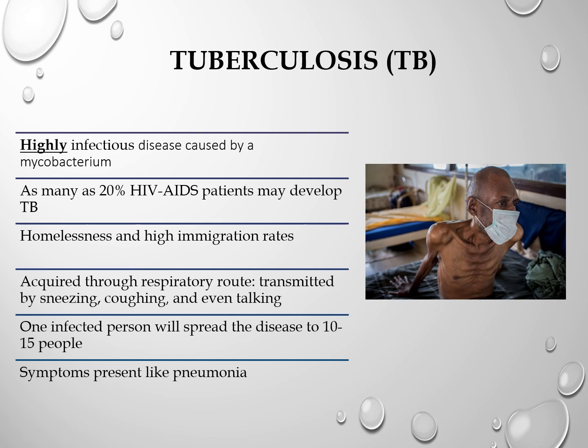The main way of acquiring this infection is through the respiratory route, so sneezing, coughing, and having prolonged contact with that person that's infected. So the symptoms often present as a pneumonia, so weakness, ongoing cough, shortness of breath. And because it's often a chronic infection, patients are often losing weight and have loss of appetite as well.